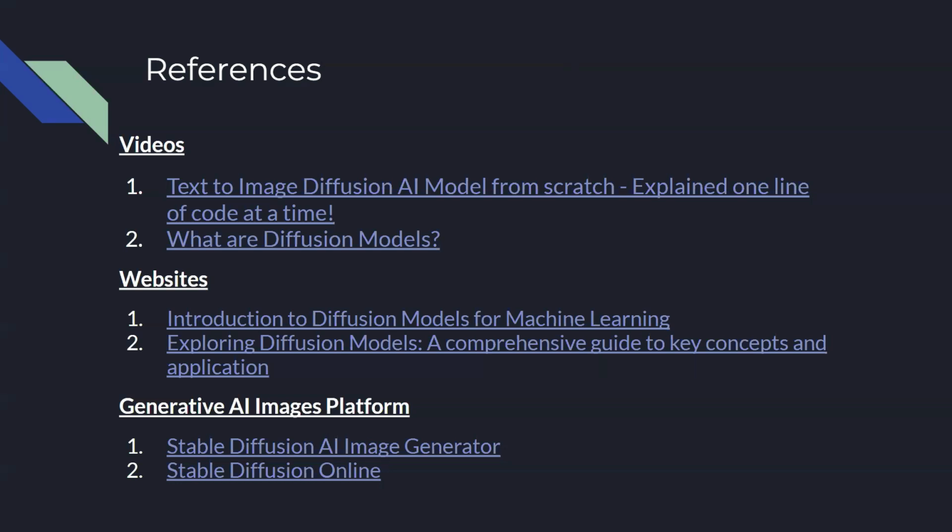So we have two videos discussing how diffusion models work and how to create them. Two websites which are articles discussing diffusion models, and then we have the two generative AI image platforms that we use for our example earlier, just to highlight how the outcome of these models work.